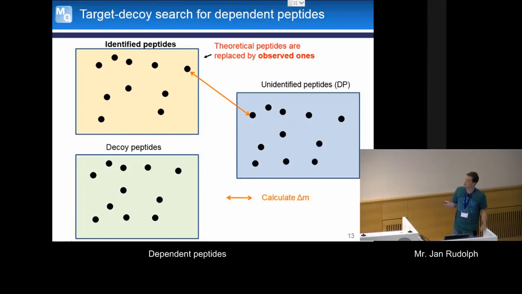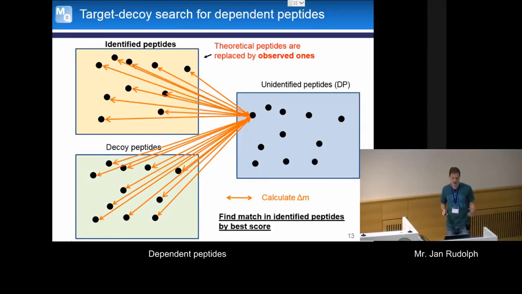And in order to find the best match in our identified peptides, we actually have to do this for all peptides in our database. So you can already see that there's a lot of stuff going on, and from all these we have to find the best match. This is quite computationally intensive, that's also a reason why the dependent peptide search takes quite some time.